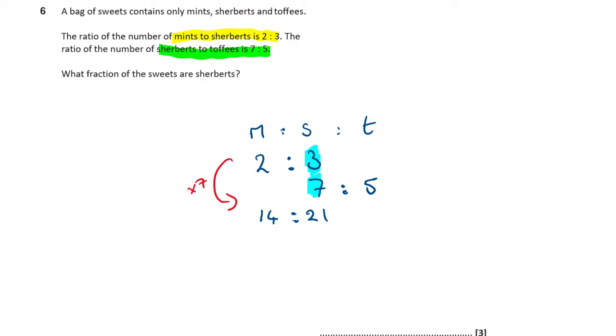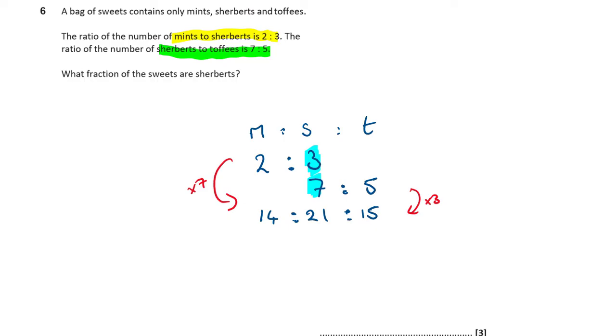So 2 to 3 is equivalent to 14 to 21. And doing the same with the other one, 7 goes into 21 3 times. So if we scale up that second ratio by multiplying through by 3, 7 to 5 becomes 21 to 15. And then the two parts of the ratio fit together then, don't they? I've got 21 in the middle. So for every 21 sherbets, I get 14 mints and I get 15 toffees.